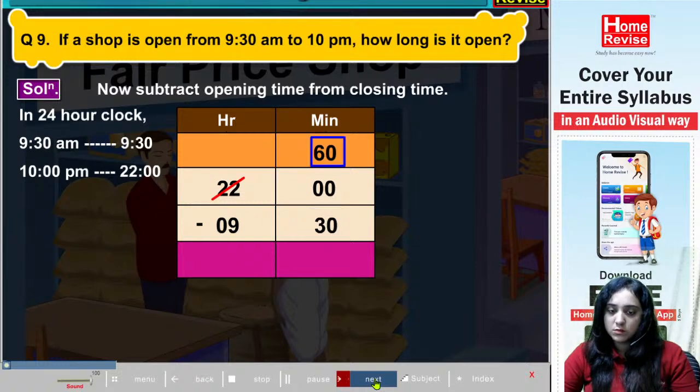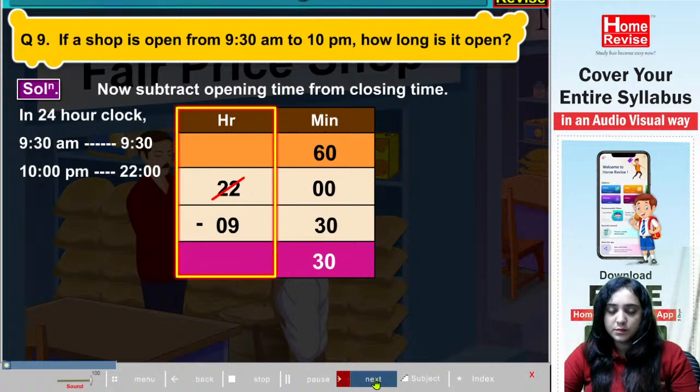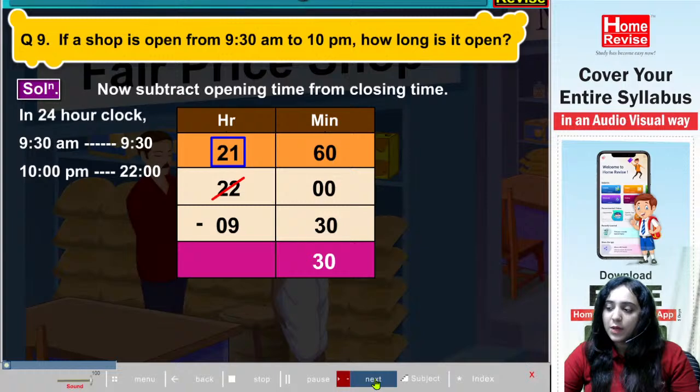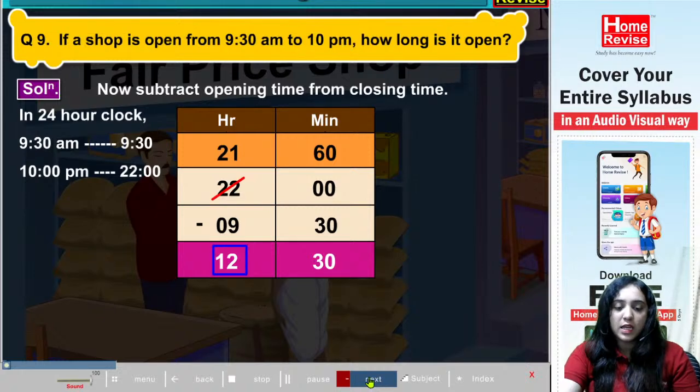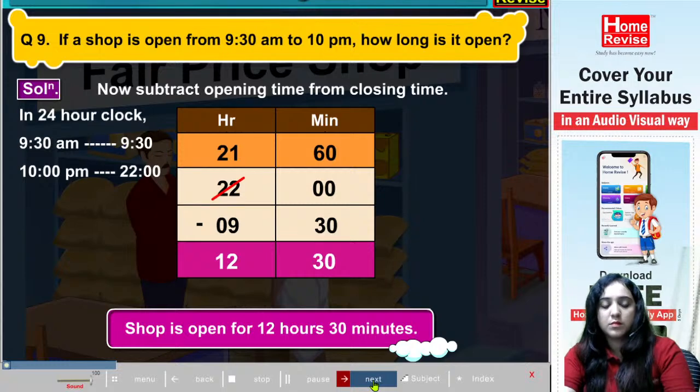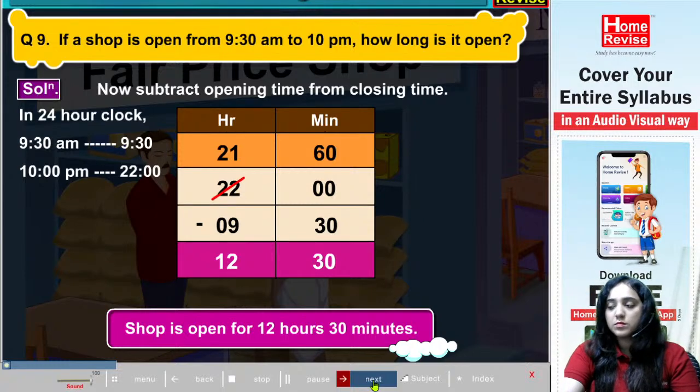Therefore, 60 minus 30 is 30. So now we have 30 in the minutes column. Coming to the hours column, since we borrowed 1 hour from 22 hours, what remains is 21 hours. So 21 minus 9, we get 12 hours. So now we have 12 in the hours column and 30 in the minutes column. Means that the shop is open for 12 hours 30 minutes.